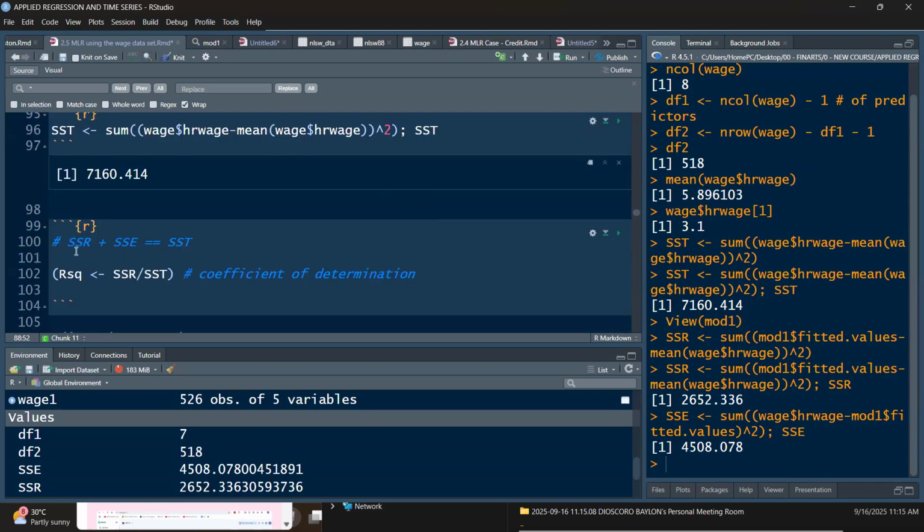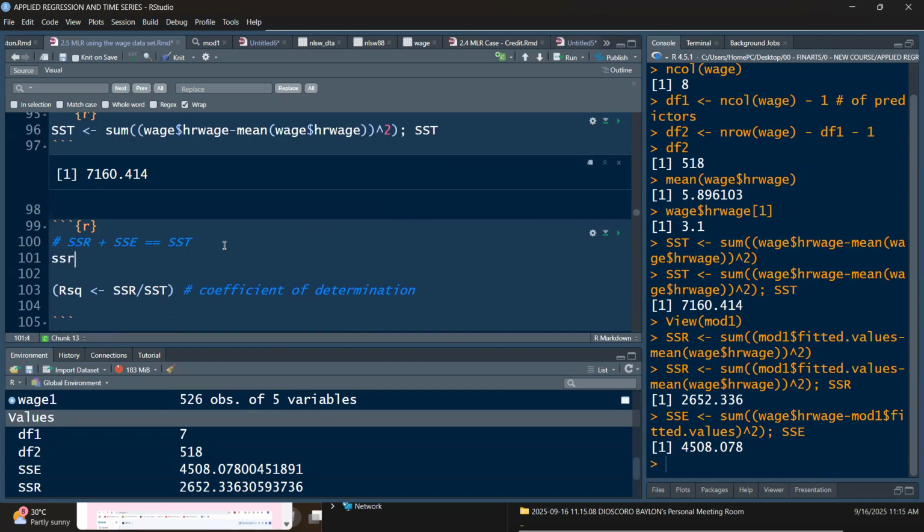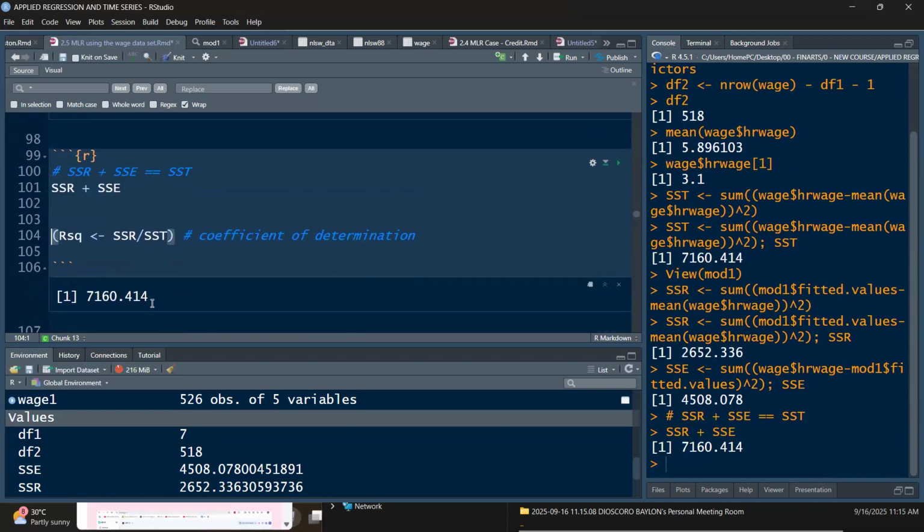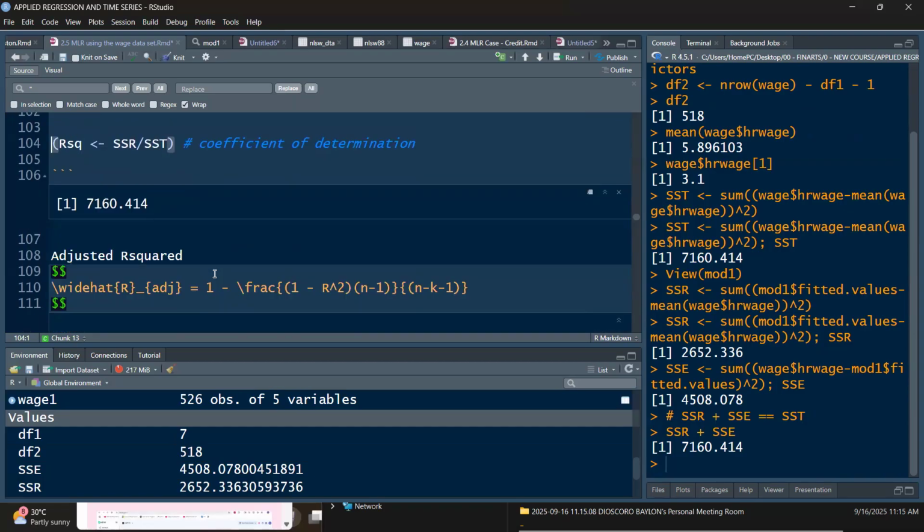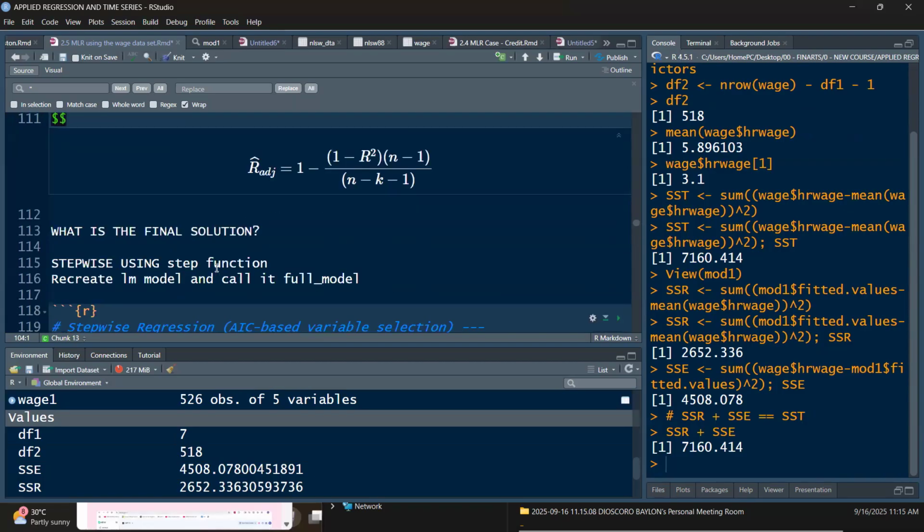Now notice that, okay, if we add SSR and SSE, we get 7160.414.